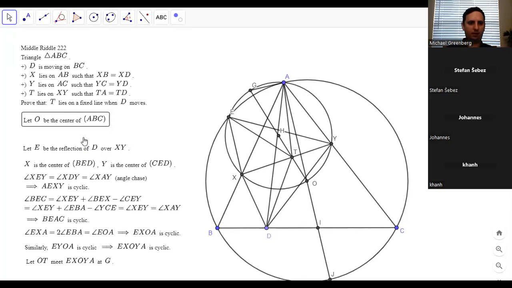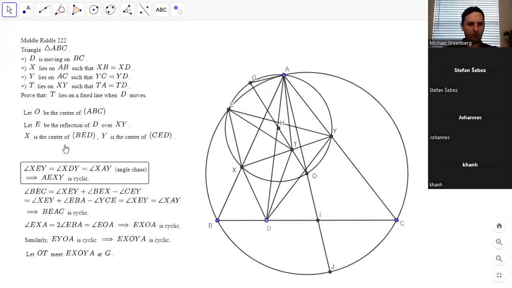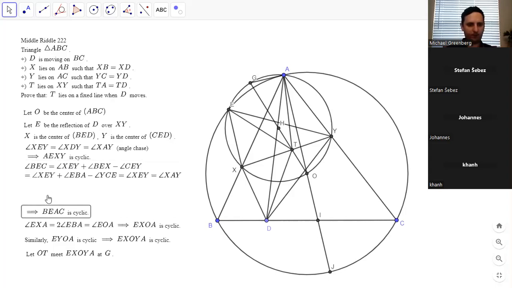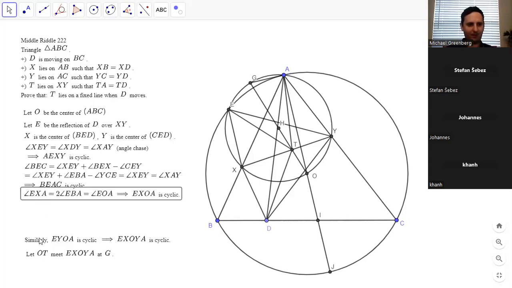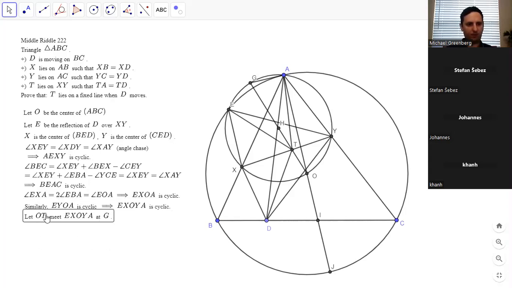All right, move this stuff up. Okay, so we want to show that GA is tangent.